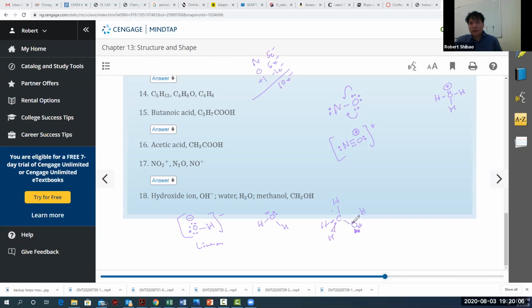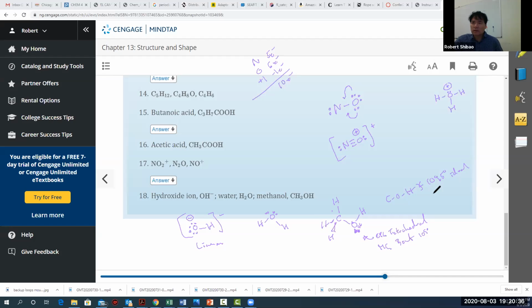The ideal COH angle, actually, let's go ahead and do that. This EPG is tetrahedral, but the MG is bent at 109 degrees. And so the COH angle ideal is 109.5 degrees.